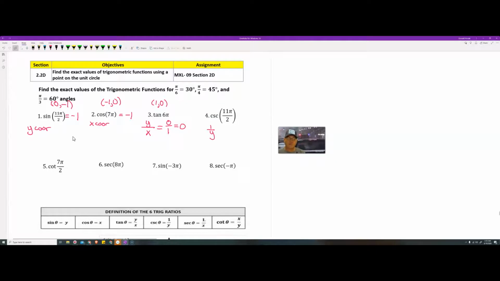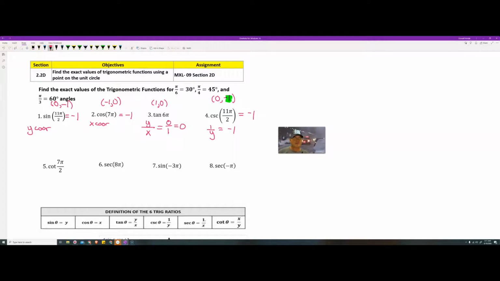When we wrap 11 pi over 2, our y-coordinate is -1. So when I take -1 and flip it, it's still just -1. So the cosecant there is -1.